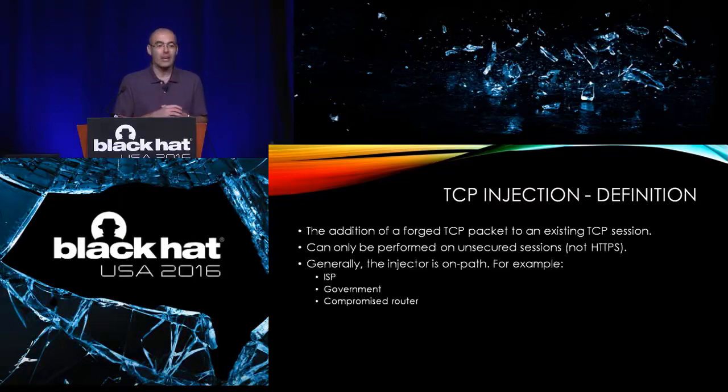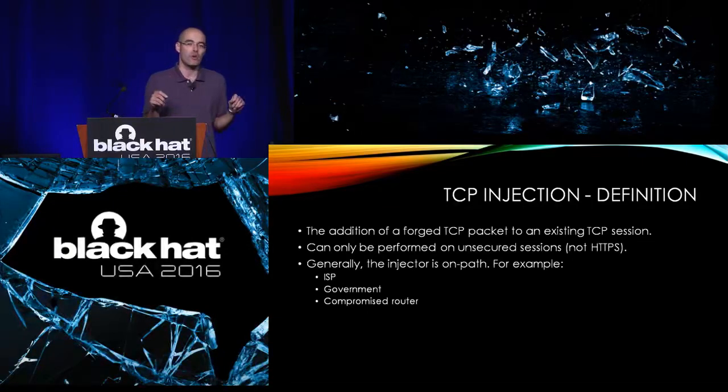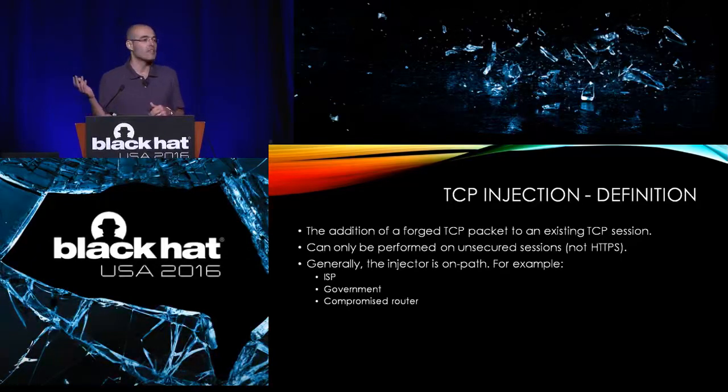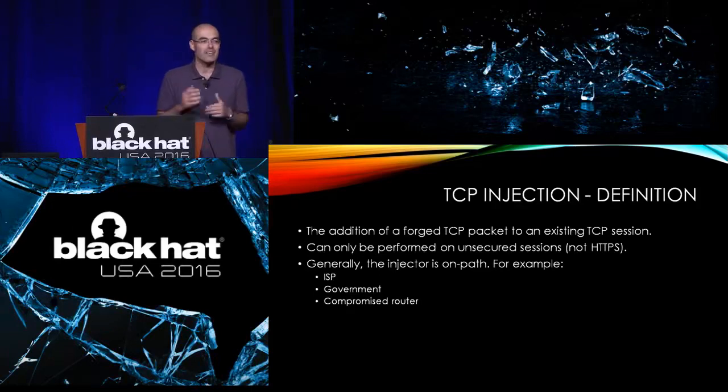In addition, throughout our study, practically all of the injections we encountered were done by on-path entities, meaning entities that have full control of the data path and can eavesdrop on all the packets of the TCP session. Generally, they are an ISP, a government, or an attacker who compromised the router of an ISP or a government.